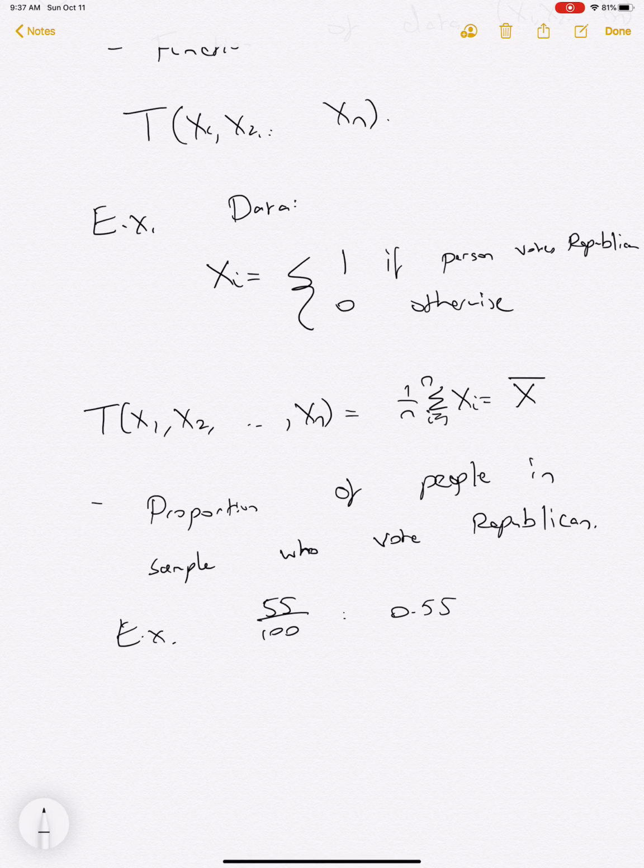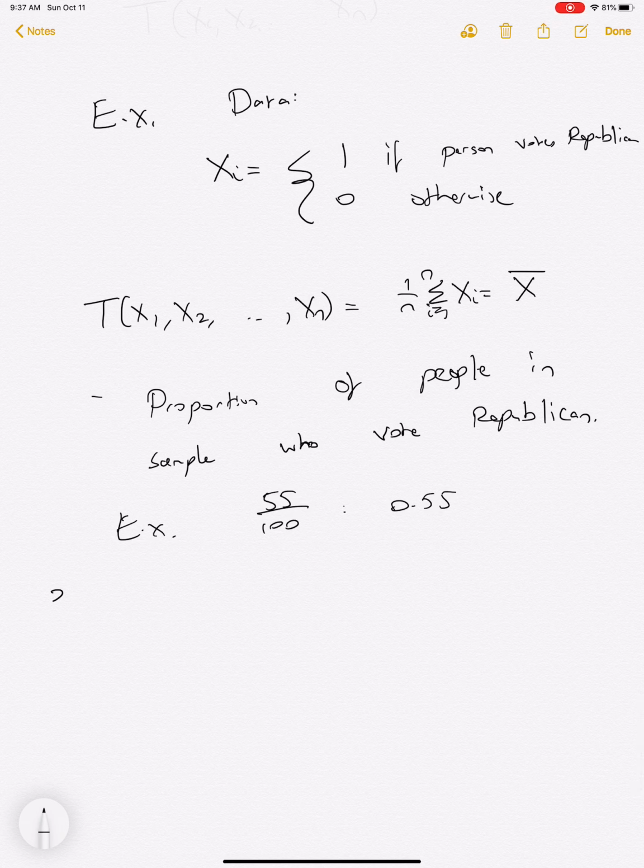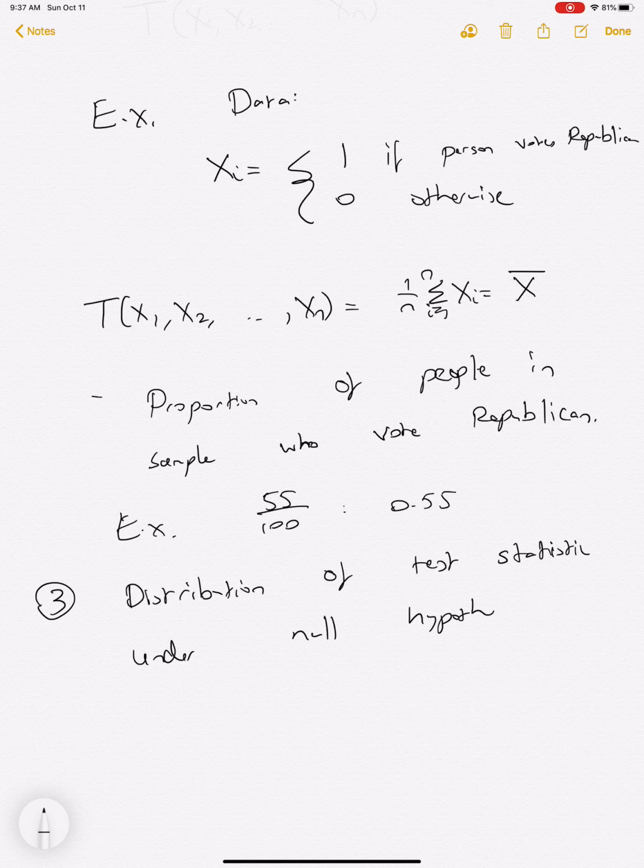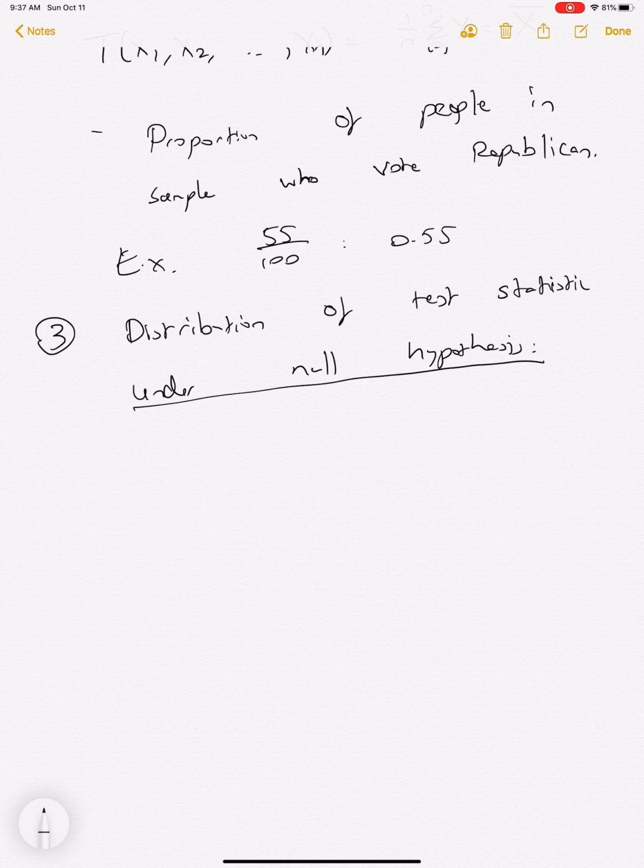Okay, and then the next component, which is related to the fourth component of our original statistical framework, is the distribution of the test statistic, but under the null hypothesis.